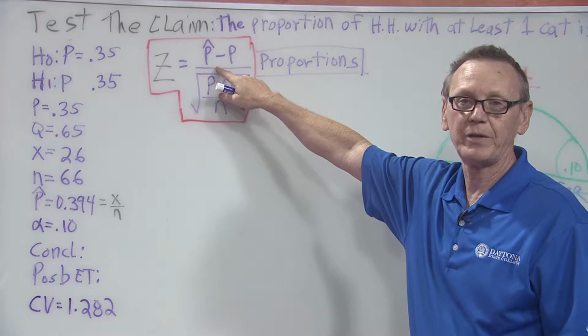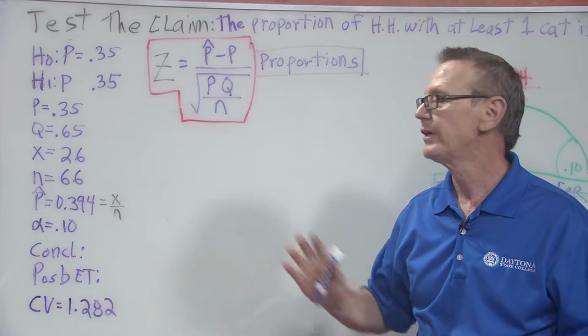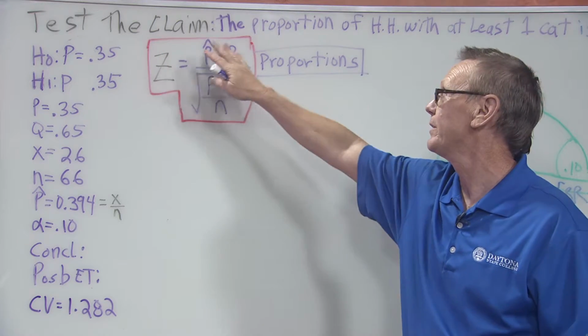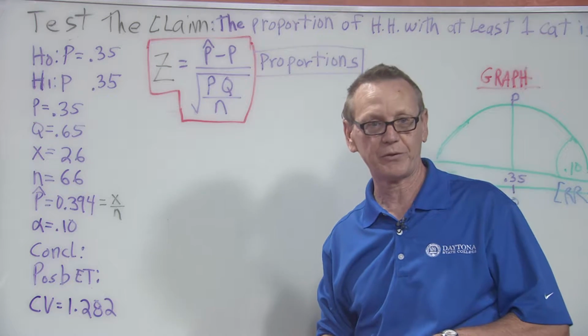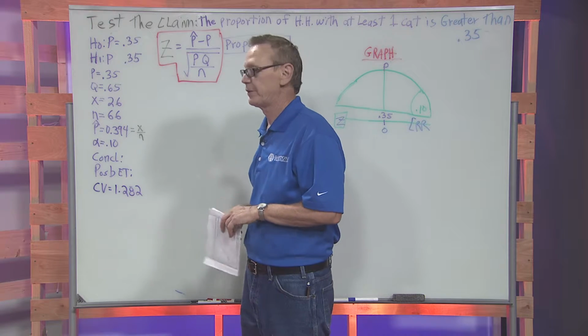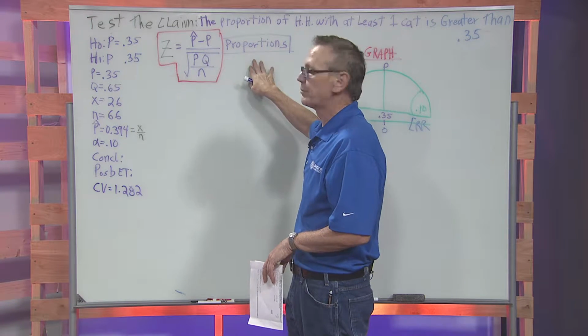That has a p-cap and a P. A p-cap is the sample proportion. P is the population proportion, which is typically given in the test-to-claim statement. When you get both proportions, you put them in the formula and apply it. So this is for proportions.